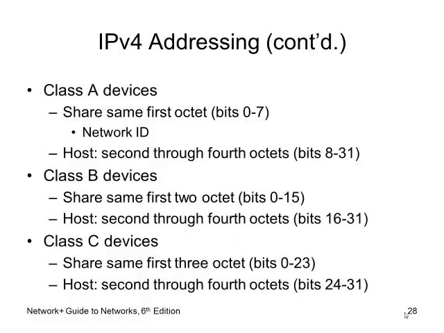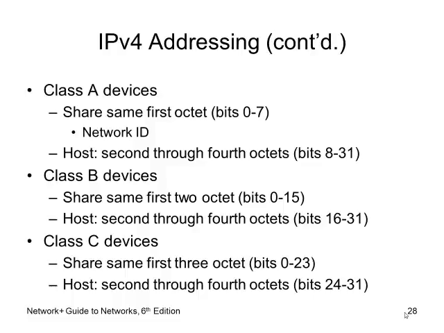Kind of sucks. Okay? Class A devices share the first octet, 0 through 127. It's network ID, then the host is everything else. So the Class A network, the first octet, the first 8 bits, are the network ID. Then the rest is the host. Class B network, the first 2 octets are your network ID. All the rest are your hosts. Class C network, the first 3 octets are your network ID, and the last one is your host.